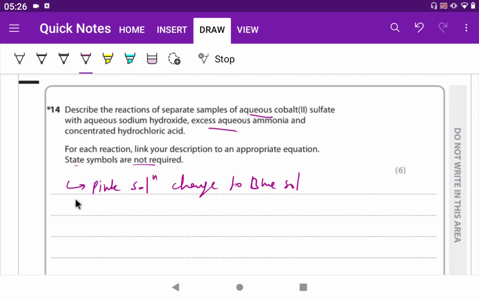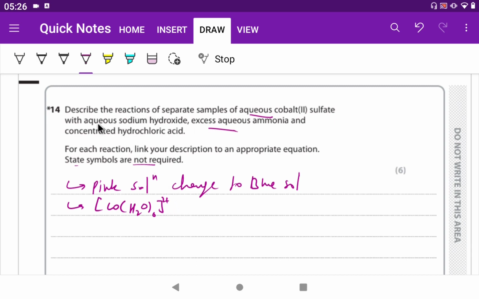So aqueous cobalt sulfate, it will form a complex Co, and its coordination number is 6, therefore 6 H2O and 2 plus.